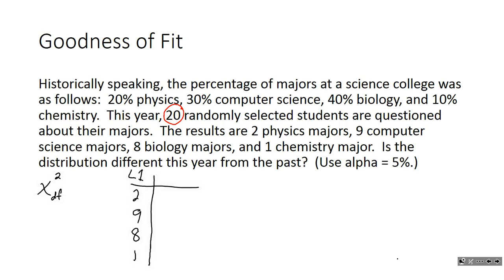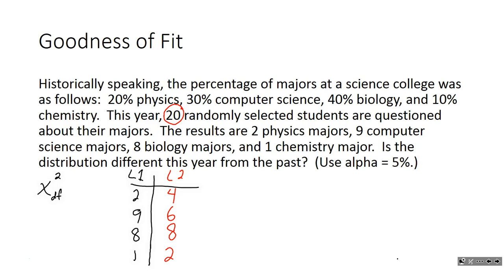So to get the expected number of students in physics, we would take 20% of 20. So you do that on your calculator, 0.2 times 20, and what you'll get is 4. And then computer science, 30%, so 30% of 20 is 6. Then 40% of 20 is 8. And finally for chemistry, 10% of 20 is 2.